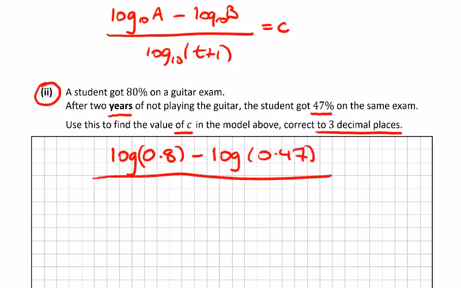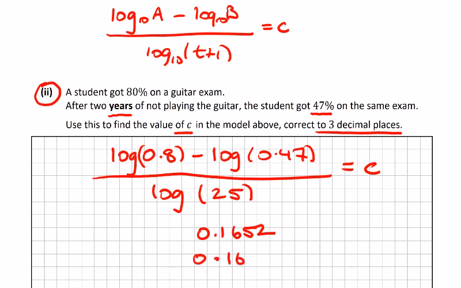How many months later? 24, but you're going to have to add 1 based on our formula. That is going to give you a value for C. And if I type this into a calculator, it's giving me 0.1652. Correct to 3 decimal places, 0.165 is equal to C.